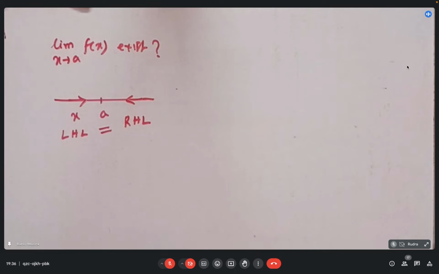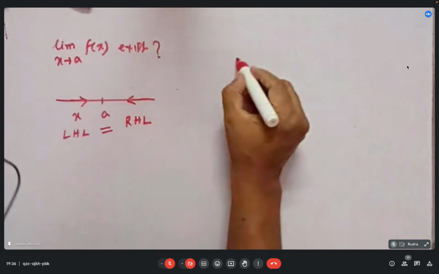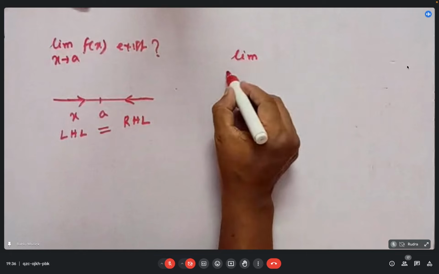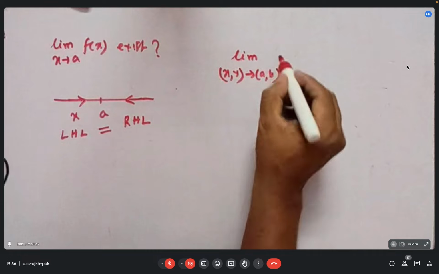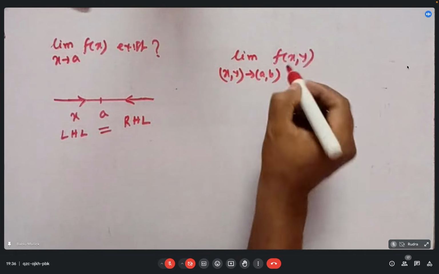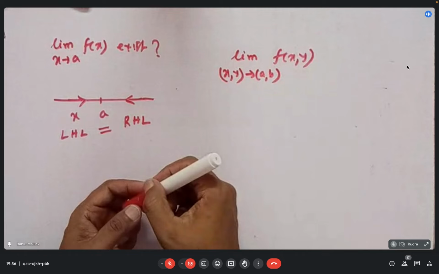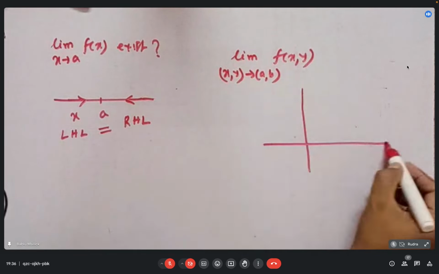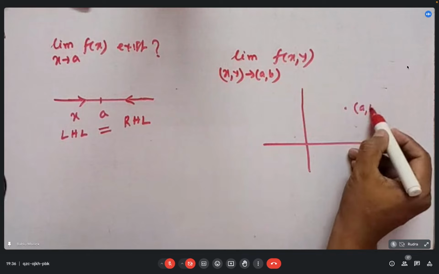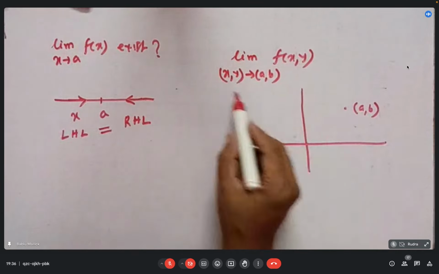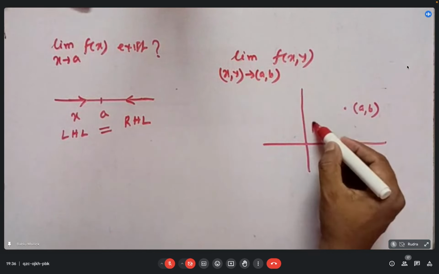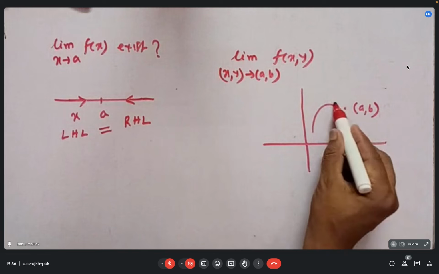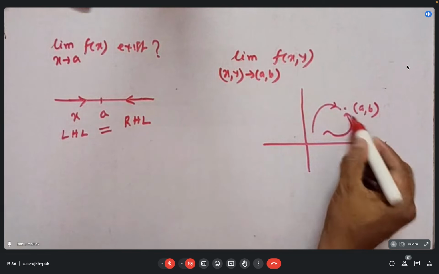So it is for one variable, but in two variables, what does it mean? In two variables, limit x comma y tends to a comma b of f of x y. How can I say that it exists or not? Here a comma b point is here, and x comma y is anywhere. So x comma y tends to a comma b along any path.